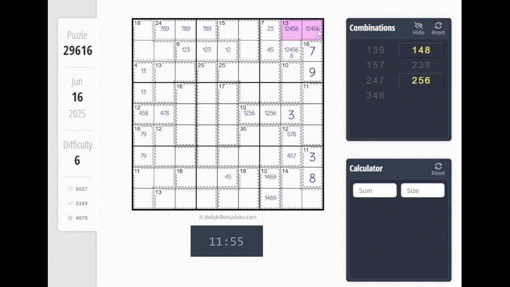This can't be 8. These couldn't be 1, 2. So if it was 1, 4, 8, this has to be where the 8 is, and this would be 1, 4.